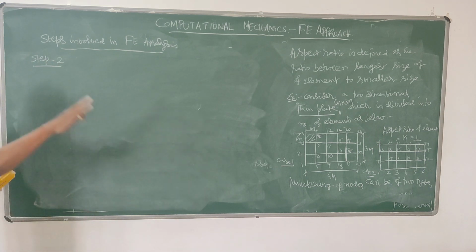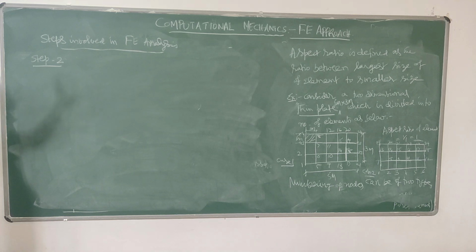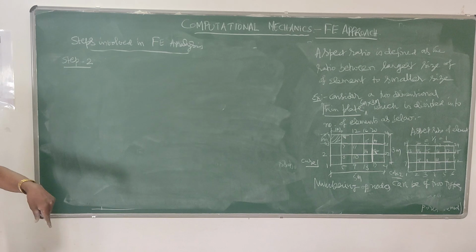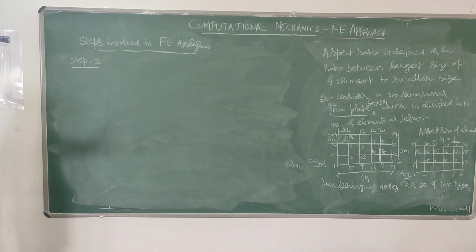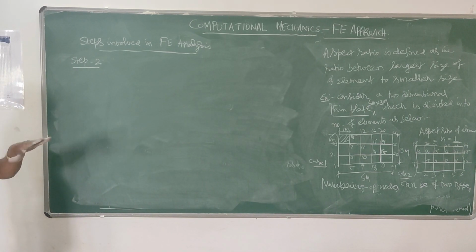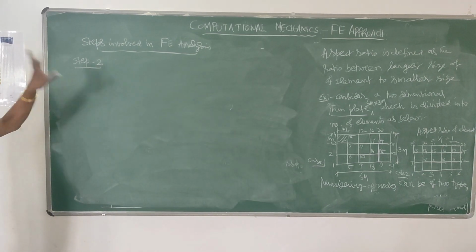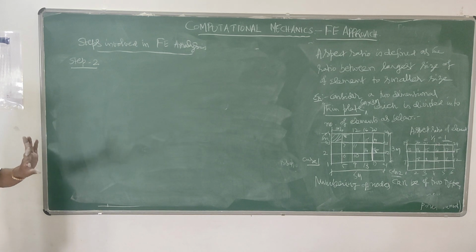In step 1, all these aspects, and also how to select nodes. You have to select nodes preferably under the point loads, and also wherever the cross-section varies or the material property changes. If you take all those locations, that automatically solves the problem.